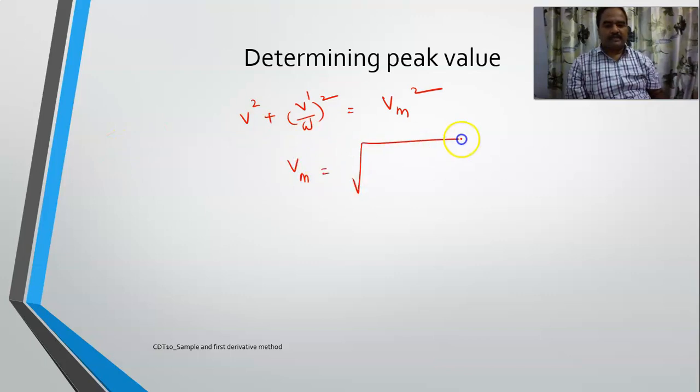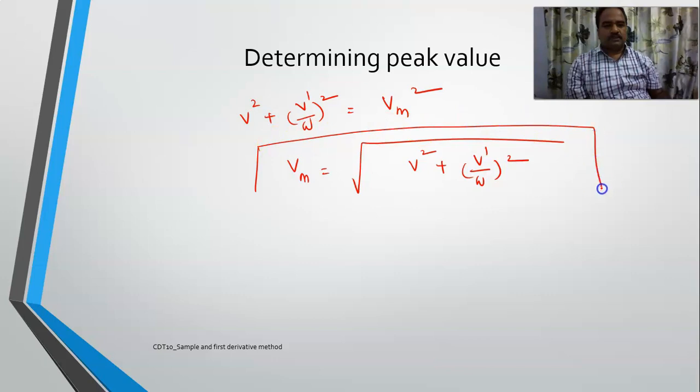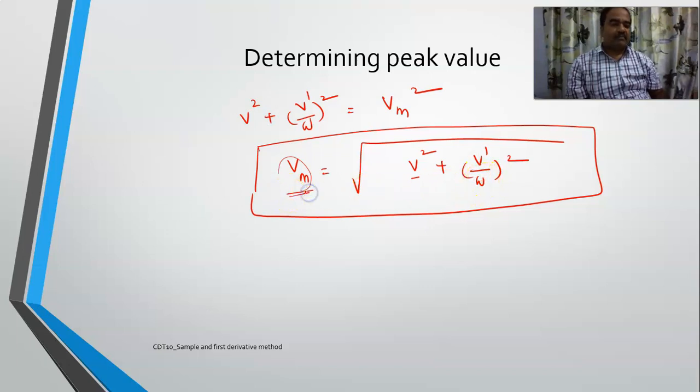Vm is the square root of V square plus (V dash by omega) whole square. See, now you have obtained the maximum value. If you know the original signal, its first derivative, and the frequency of that signal, then you can determine the maximum value of that signal, right?